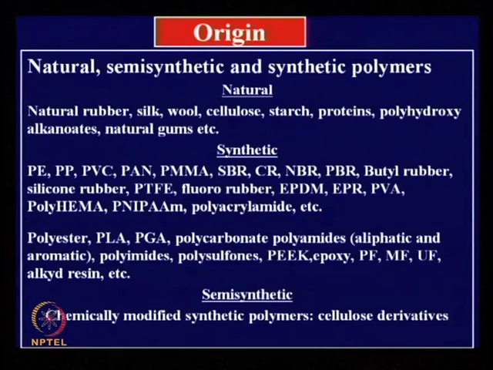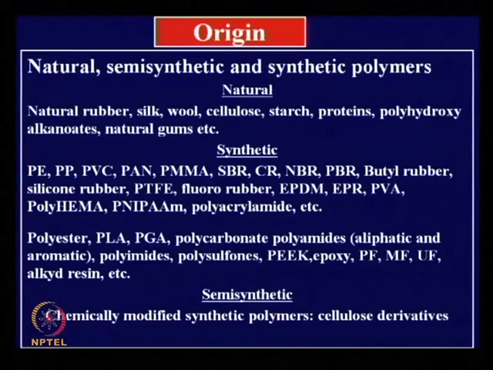Next category is synthetic polymers. When the demand for polymers could not be supported by the naturally occurring polymers, say natural rubber and other gums, then people thought of preparing different types of polymers by an artificial route, and for that they found petroleum products, petroleum base.